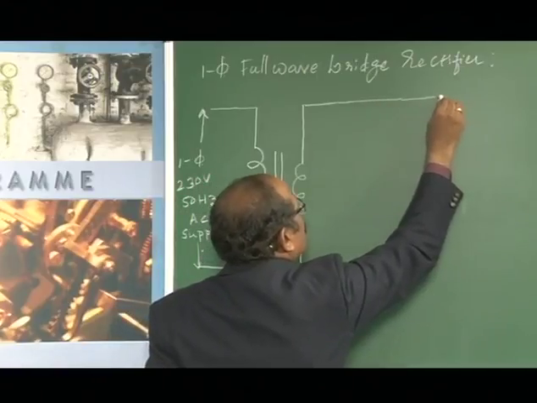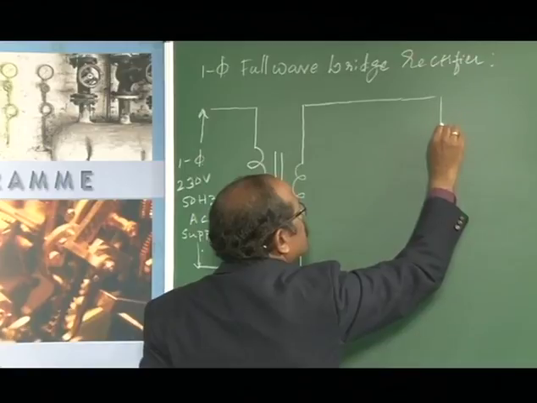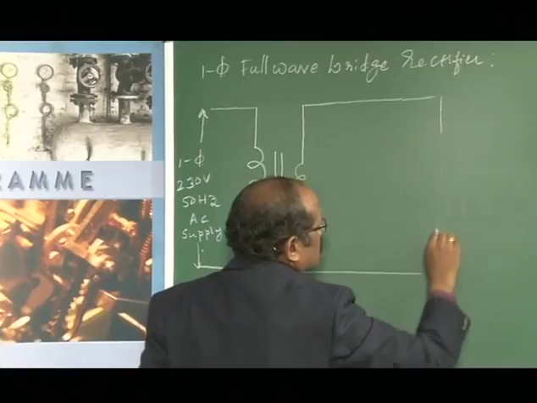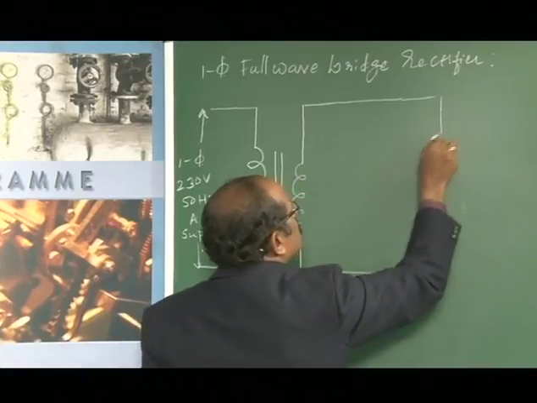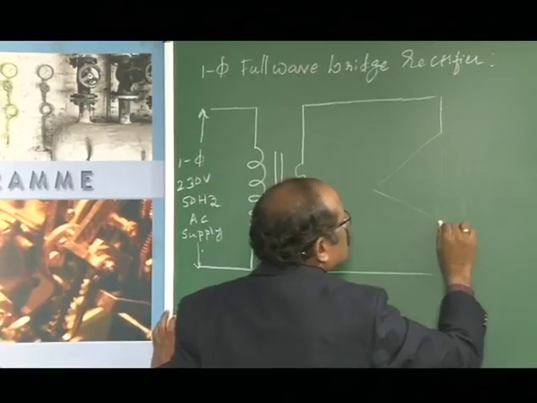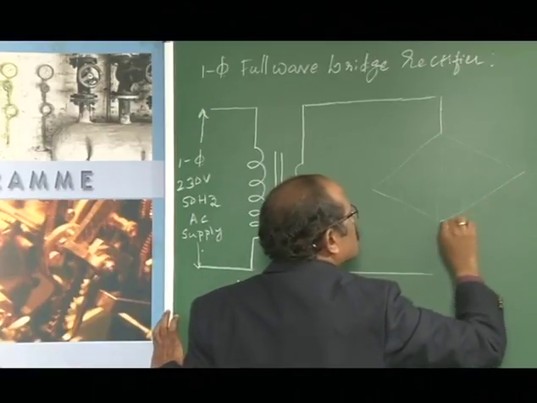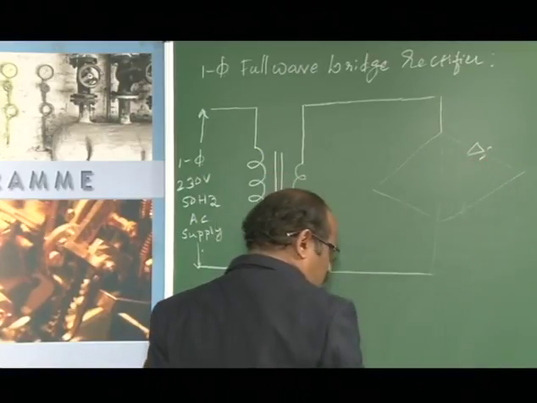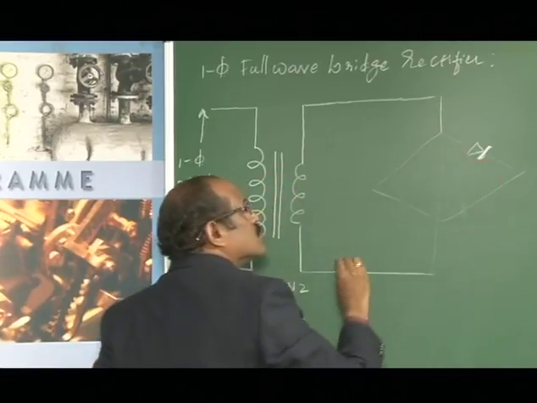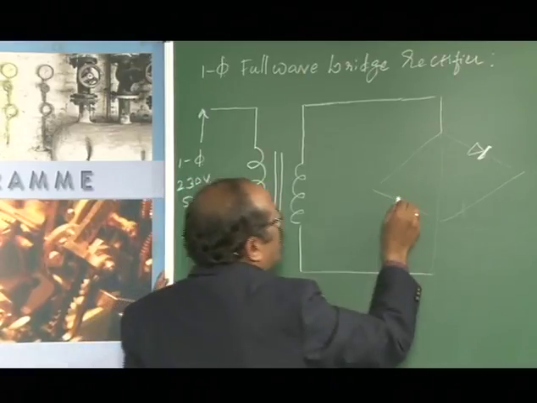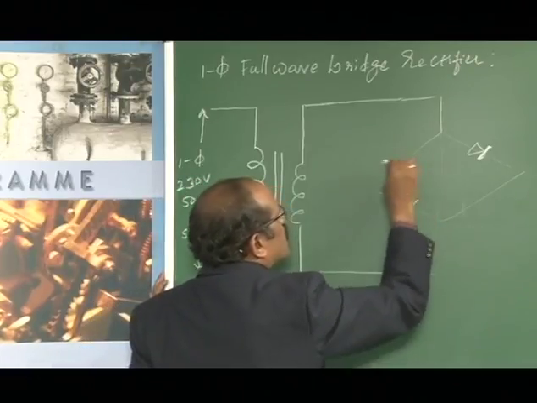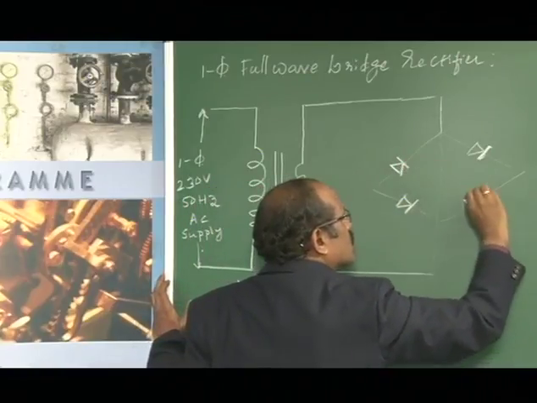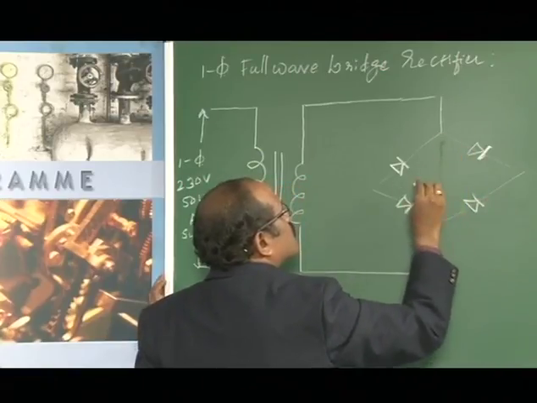If you have a look at this, friends, it makes use of 4 diodes, that is D1, then another diode here, this is the third one, and finally the 4th diode.